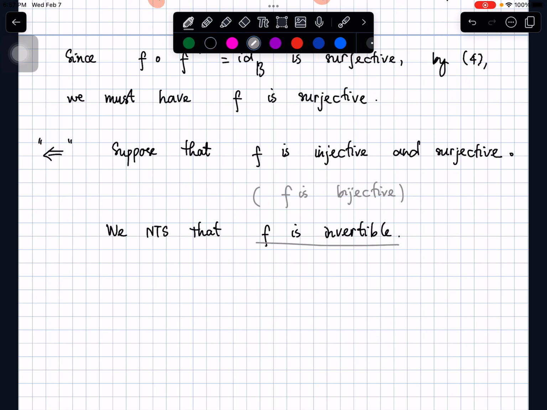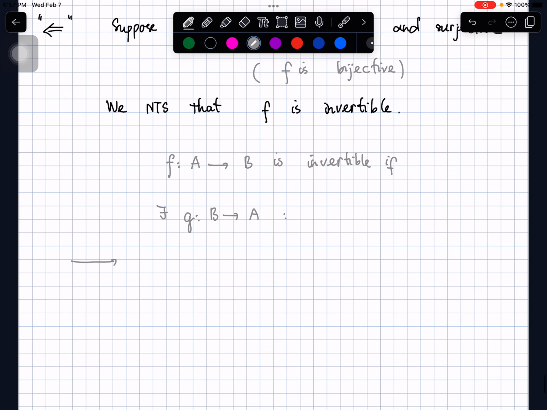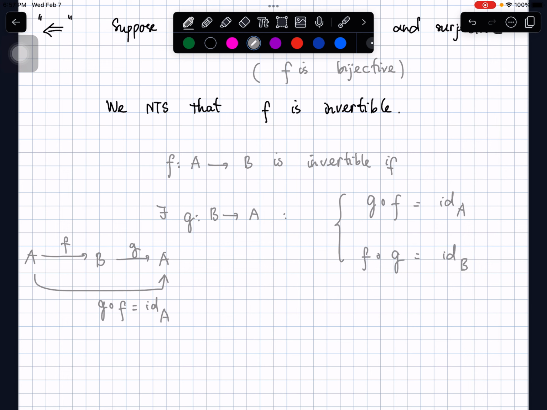So recall that a function f from A to B is invertible if there exists a function g from B to A such that g dot f is the identity on A, and f dot g is the identity on B. This is what we need to show.